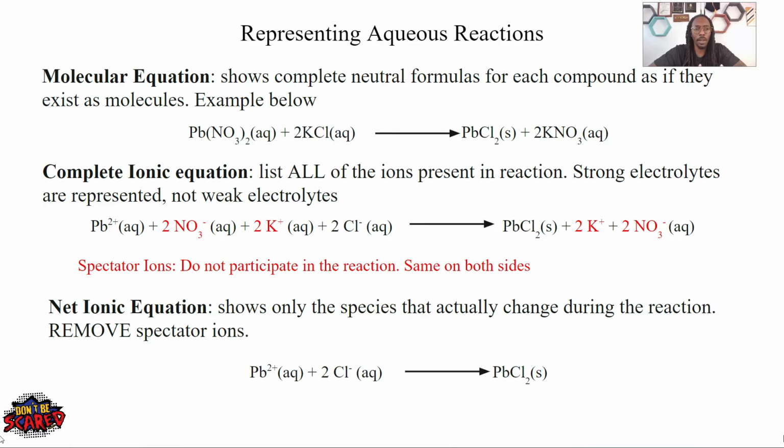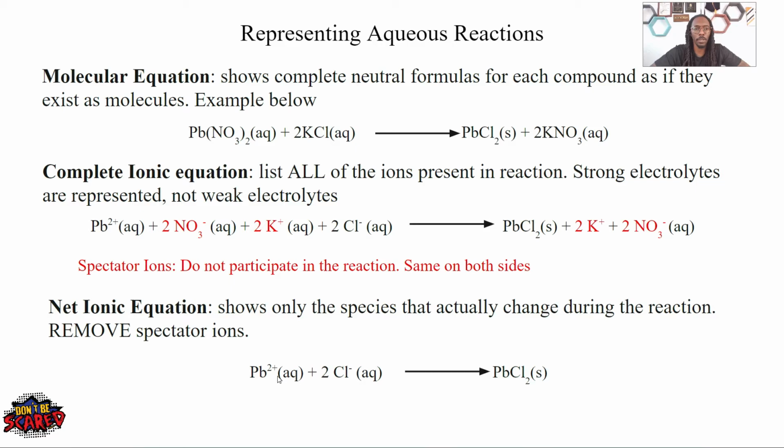When we think about net ionic equation, just think about, of this reaction, which of the 2 form my solid? That's how I think about net ionic. If I know my solid is lead chloride, what makes up lead chloride? My lead and my chlorine. So I'm going to take those ions there and put them down here in my net ionic equation.